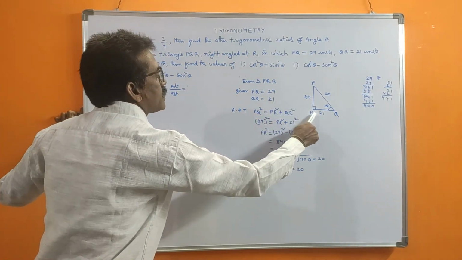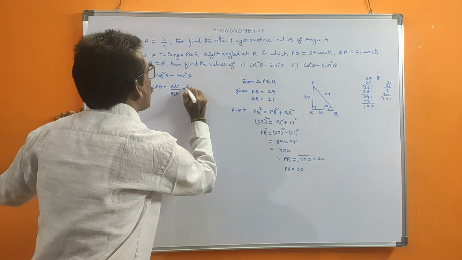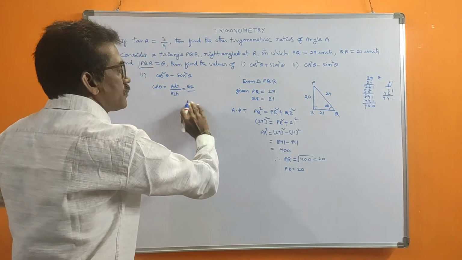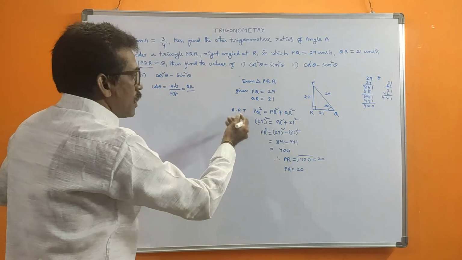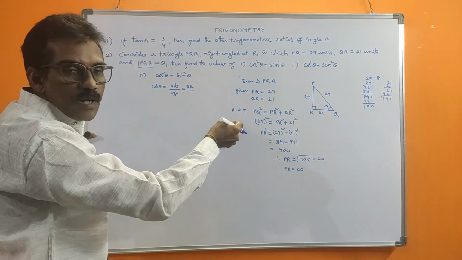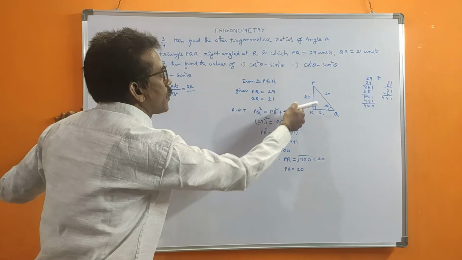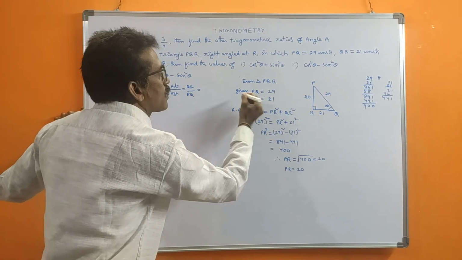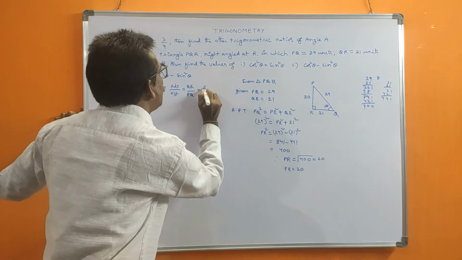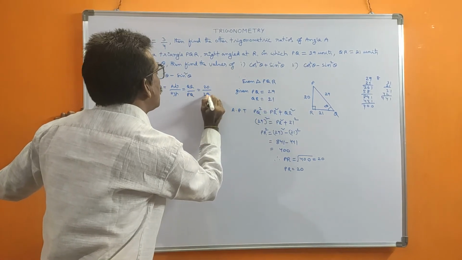For this, adjacent side is QR. Writing like this is very important. If you write like this, there is no confusion. So take some time and write clearly. By hypotenuse is PQ. Now what will happen? QR is 20 by PQ is 21.